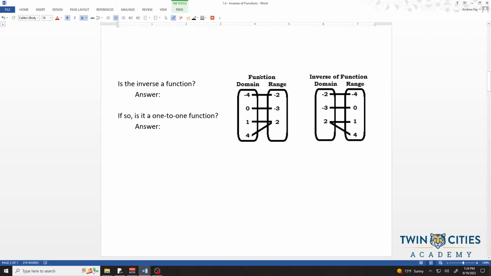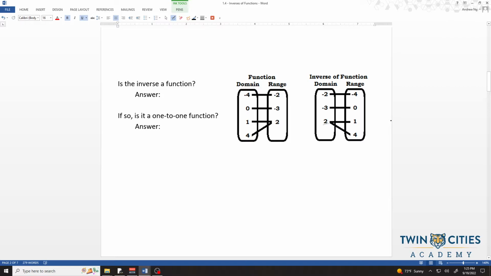However, when I reverse these pairings and look at the inverse, now I'm going from -2 to -4. We're okay there. -3 to 0. We're okay there. But then I've got this 2, which goes to 2 separate things in my new range. 2 goes to 1, and it's going to this 4.